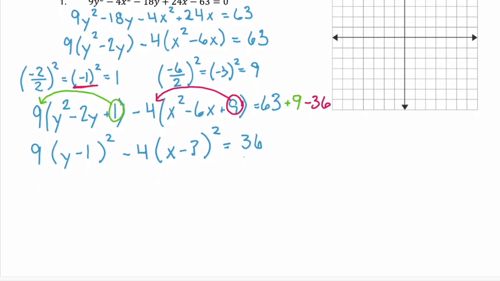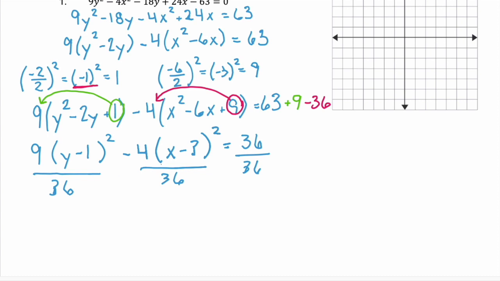Okay, remember that hyperbolas need to be equal to 1. So we need to divide everything by 36. This step is another place that you're going to catch if you maybe messed up not doing the step above of the GCF times your completing the square.